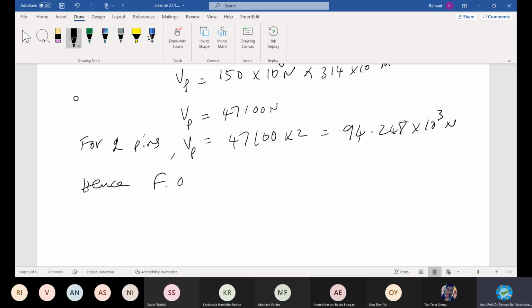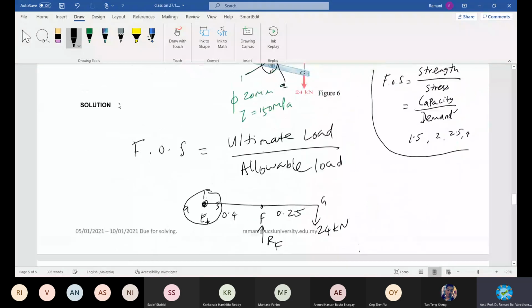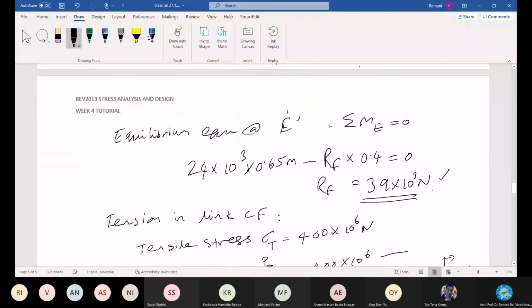That is our point of interest, right? So, the factor of safety for the pins: ultimate load at the pin divided by the allowable load, and allowable we already found, this one, 39.